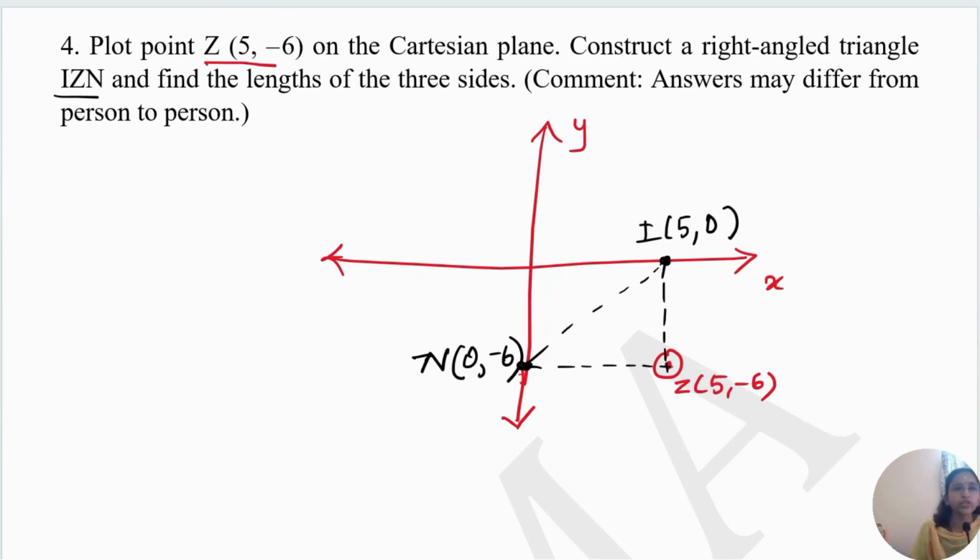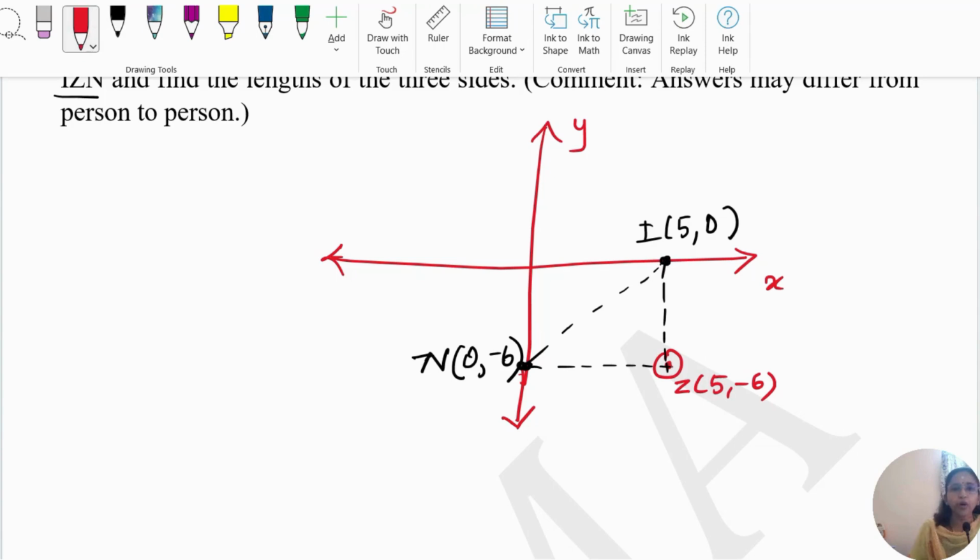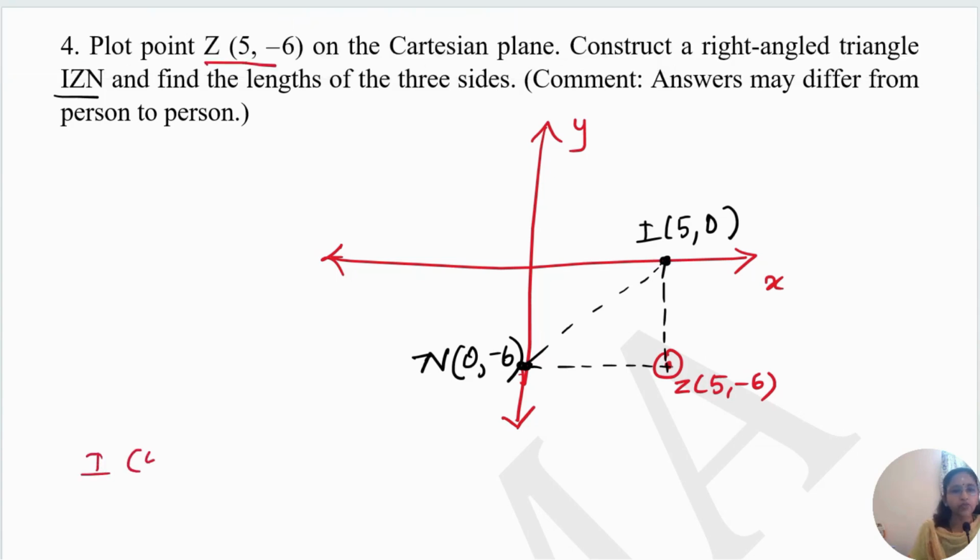Now you can list your points. I is (5, 0), Z is (5, -6) and N is (0, -6). Now we are going to find the distance. You are asked to find the length of the three sides: IZ is side number 1, ZN is the next side and your third side is IN.